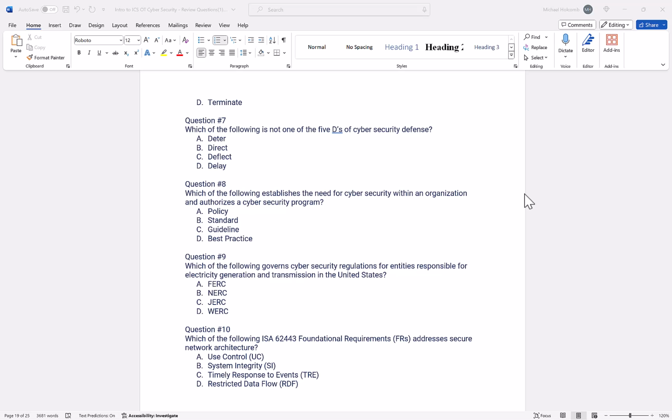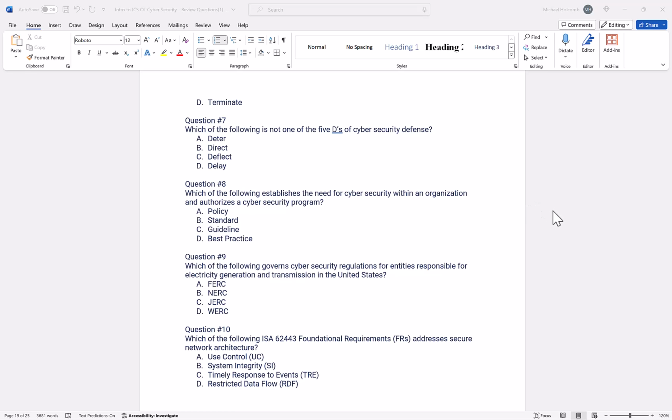We have to tell people what they can and cannot do and have it come from the highest law in the land for that organization, like the CEO or maybe the CIO or CISO. So that way, if they violate the policy, then we're going to enforce it. But you have to have the policy and you have to also enforce it before you can have actual cybersecurity in an organization. So A.